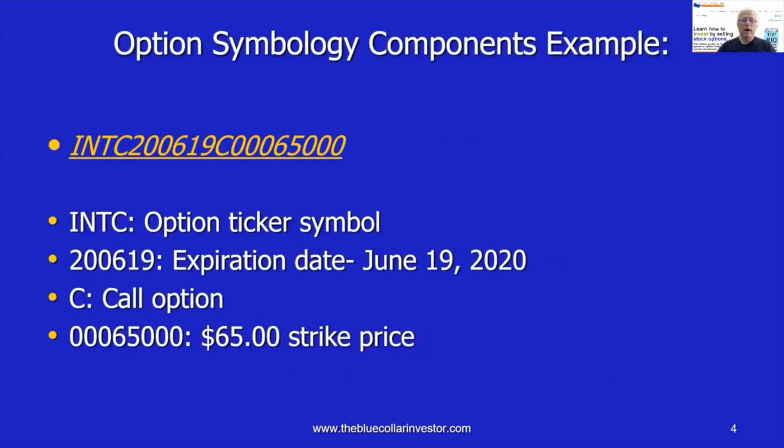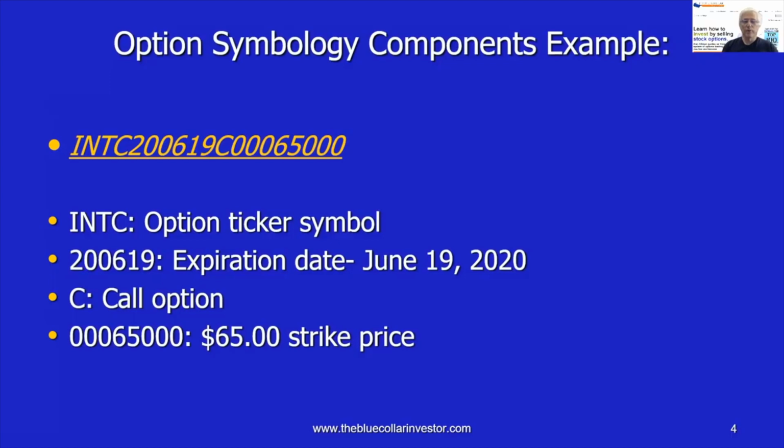Let's have a look at the option symbology components. In this example, the first thing we notice is that an option symbol consists of the ticker symbol of the underlying security. For those of you watching this podcast, it's Intel, INTC. The next thing you'll notice is the expiration date of that particular option contract.